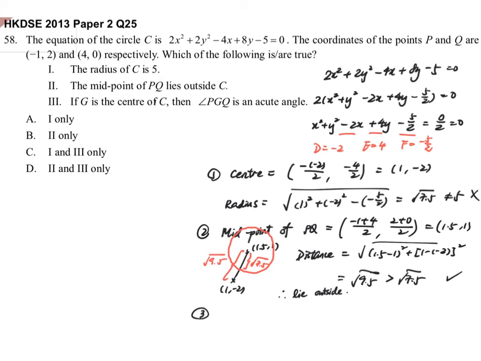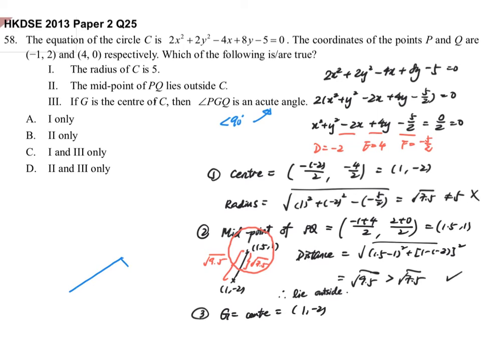Statement 3. G is the center of circle C, so the coordinates are 1, negative 2. Now we need to find the angle PGQ. If this angle is smaller than 90 degrees, then it is an acute angle.